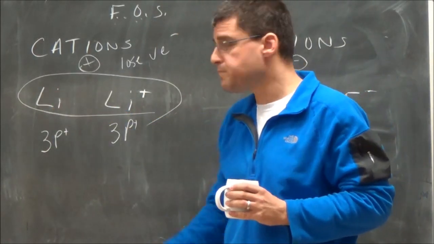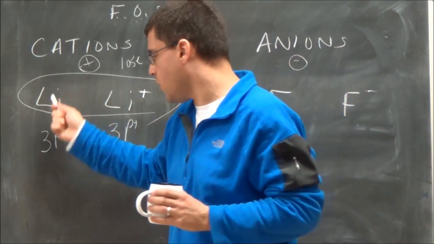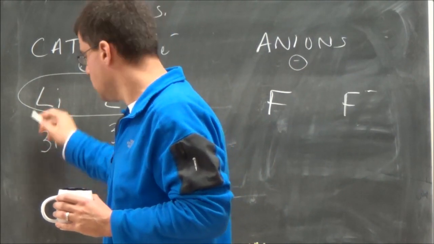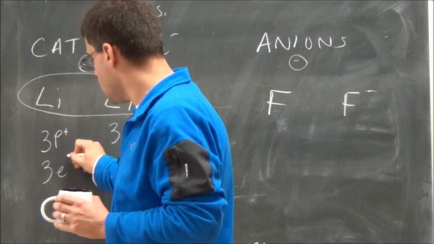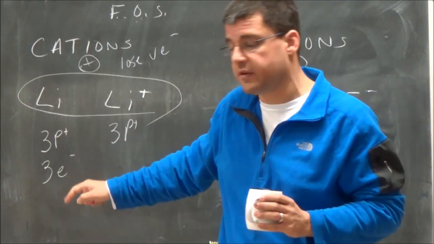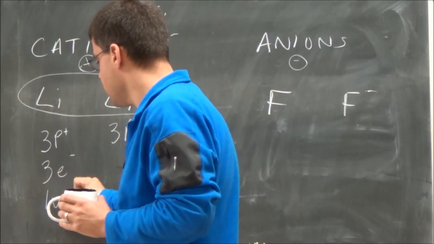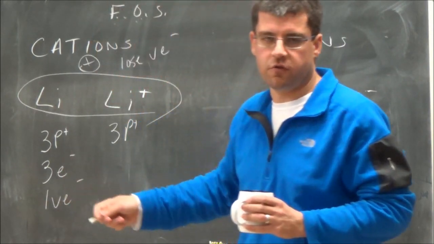Here's the lithium atom, here's the lithium ion. Atoms are neutral, so I've got 3 total electrons to balance out those 3 protons. Because of that, we've got 1 valence electron: 2 in the first level, 1 in the second.